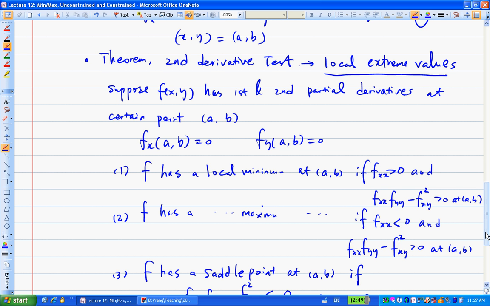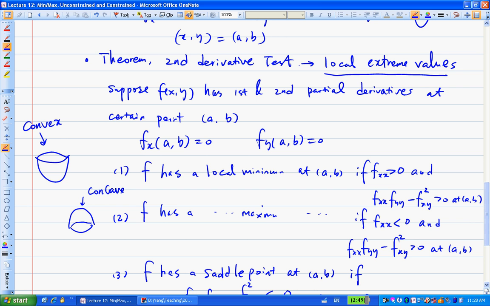So basically, when you have a local minimum, your surface is always a surface like this. In mathematics, this kind of surface is called convex. The second one, a surface like this, is called concave.